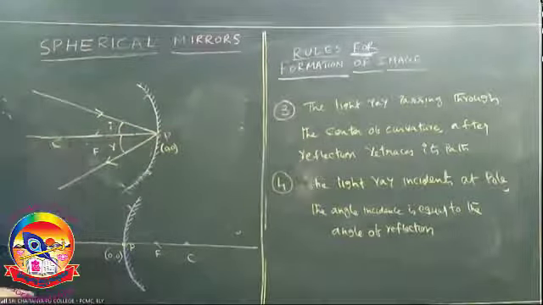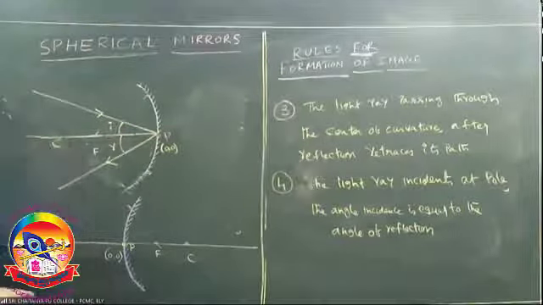Equation 2. I considered two triangles, one with the center of curvature, the other with the principal focus, taking the pole and the point at which the light ray is incident. So PA is equal to PC tan theta from triangle CAP, and from triangle FAP, PA is equal to PF tan 2 theta.